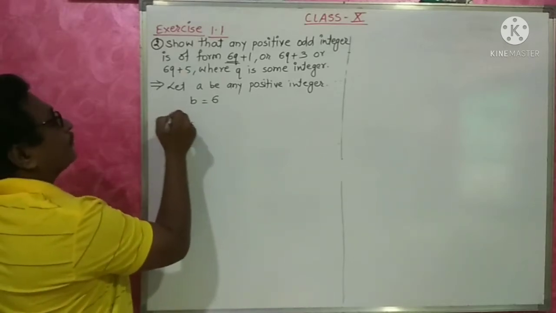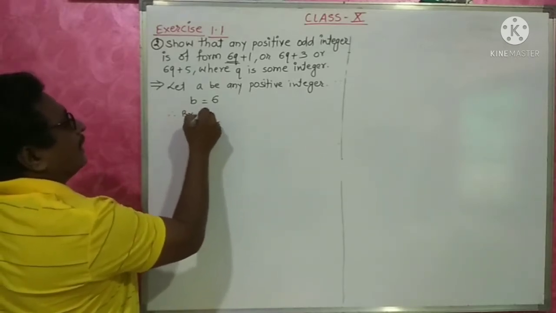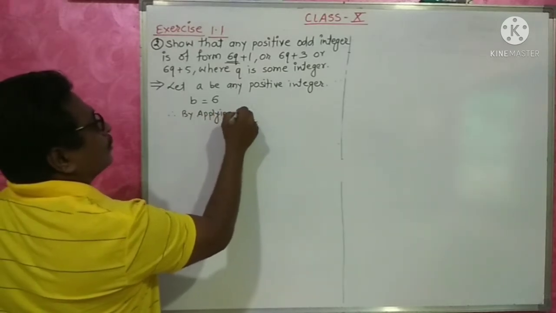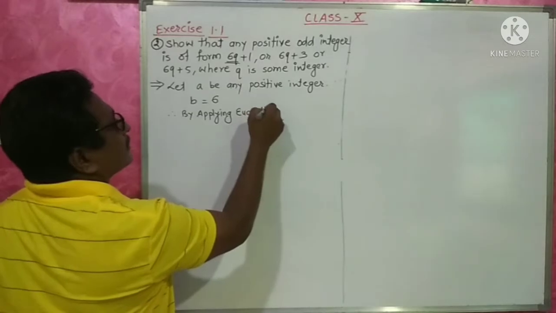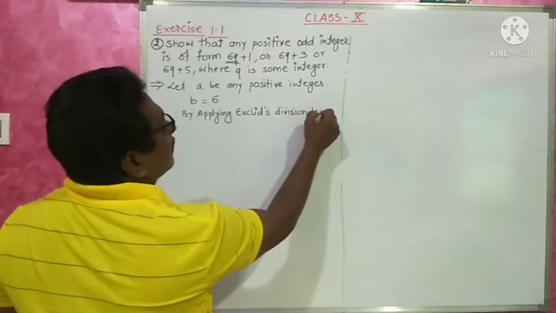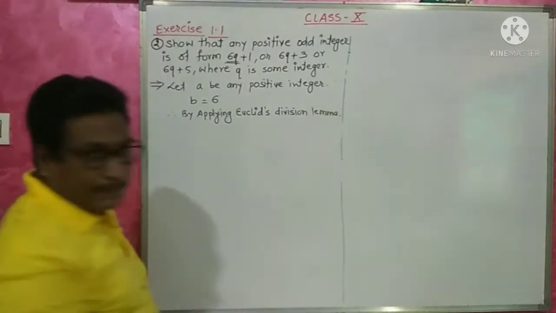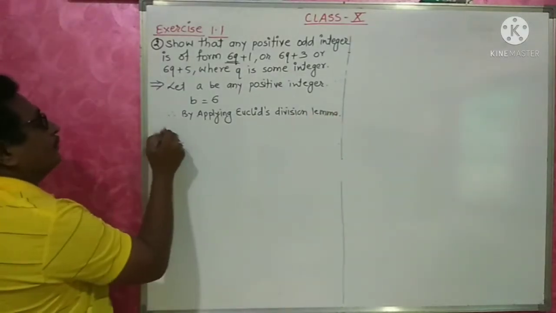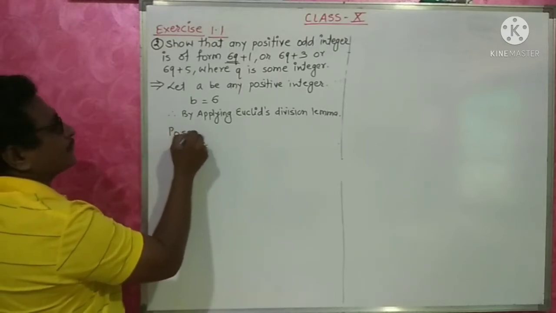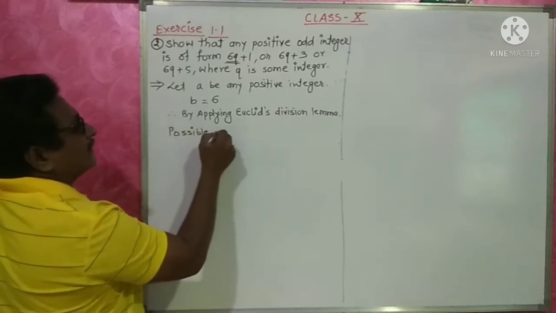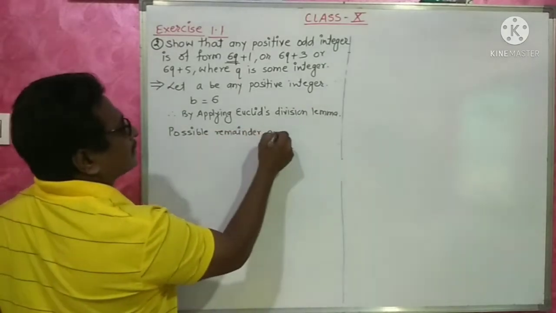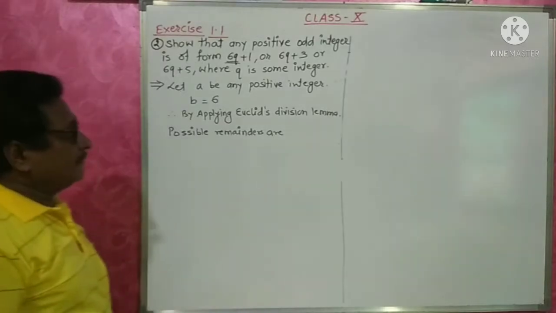So therefore, by applying Euclid's division lemma, the possible remainders are, what are the remainders?